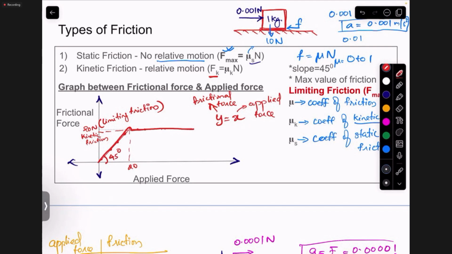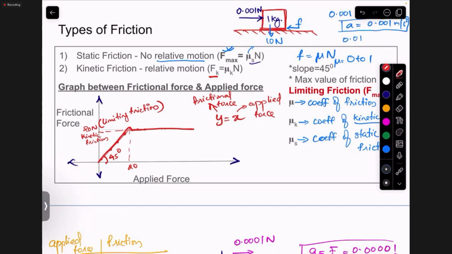Whenever you draw a graph between frictional force and applied force, the initial straight line will have a slope of 45 degrees, and later it will reach a limiting frictional force, then have a slight decrease from the limiting force and change into kinetic friction. That kinetic friction will stay constant no matter what force you are applying; it will be the constant resistive force that is always in the picture.